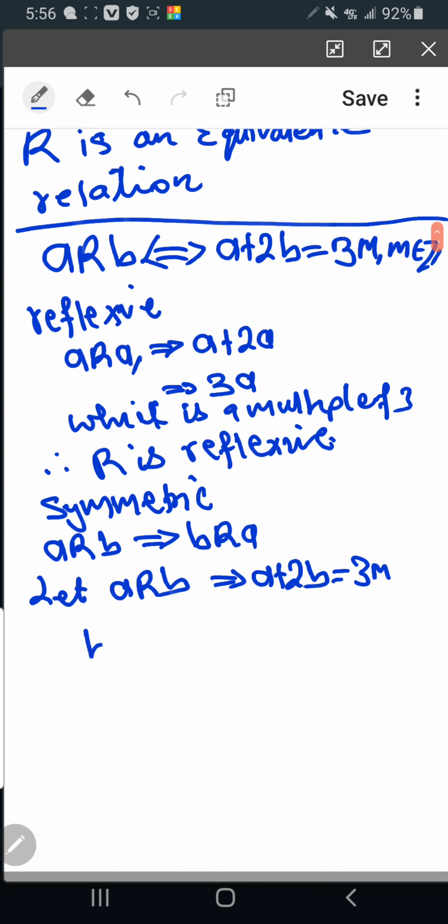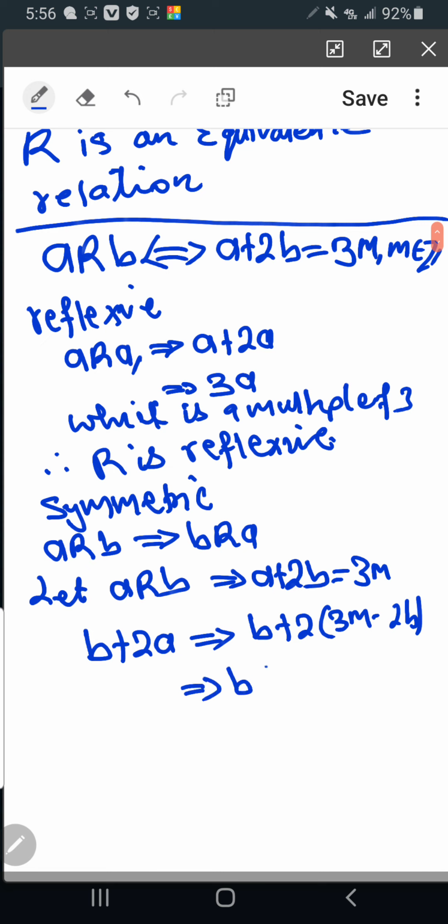Now, b + 2a is equal to b + 2 times (3m minus 2b). This will give b + 6m minus 4b.